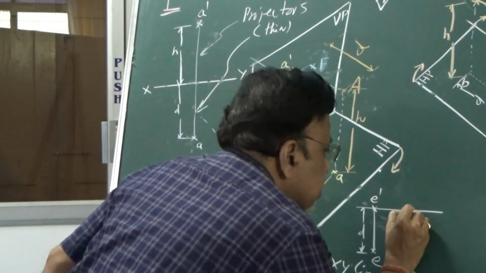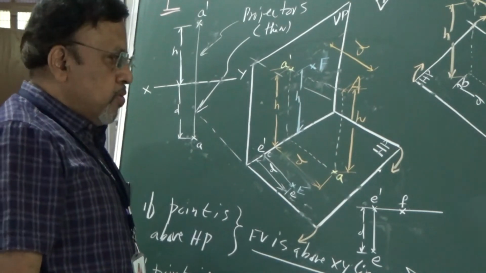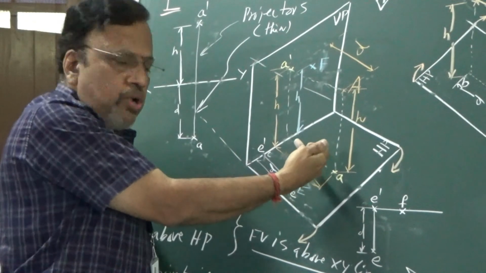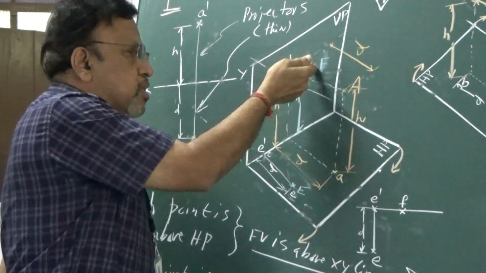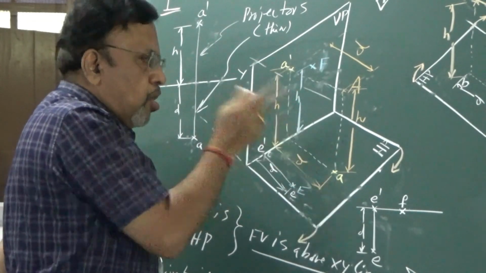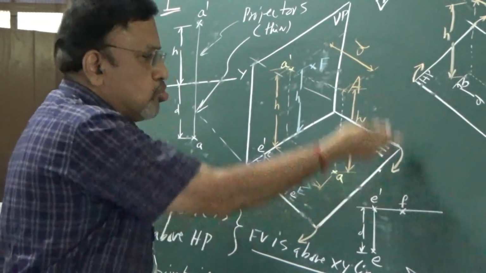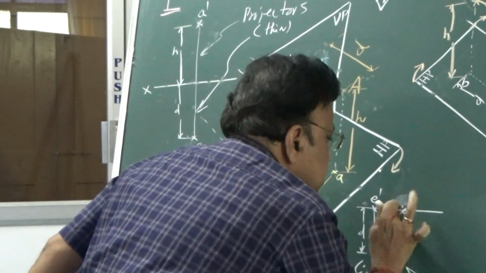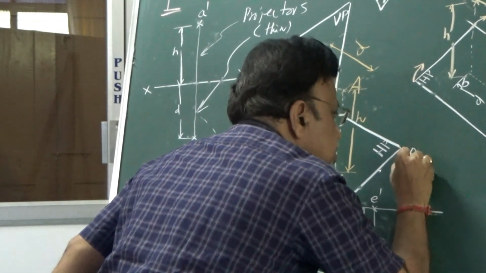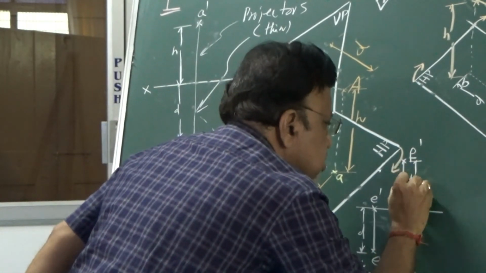So I will get this point here, F. Then if I look from the front, I know that this particular point F is above HP by distance H. Always remember, HP details will be seen in front view. So I need to draw the point. Let us say this is F dash.